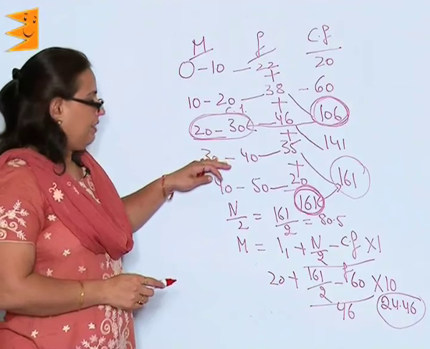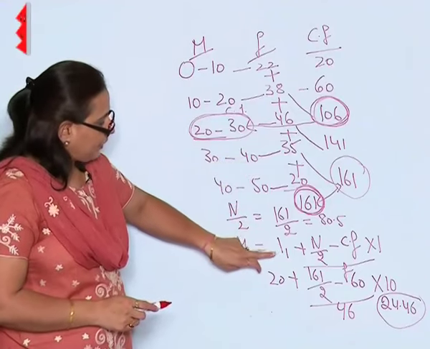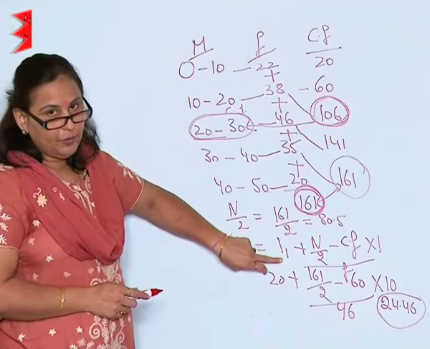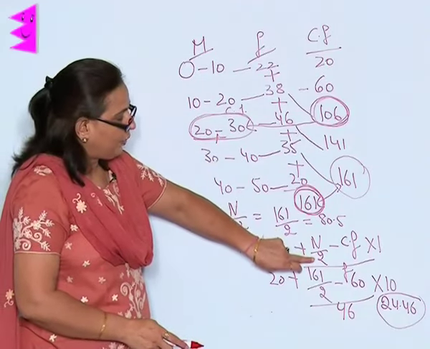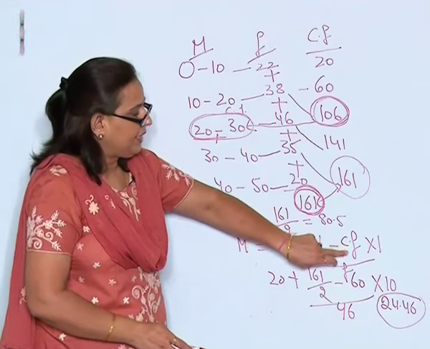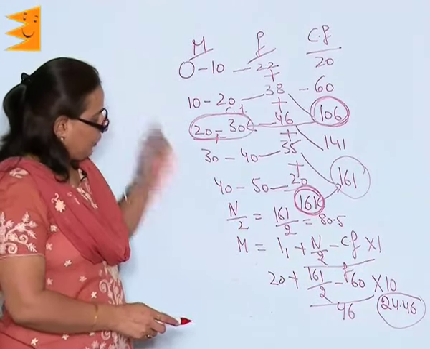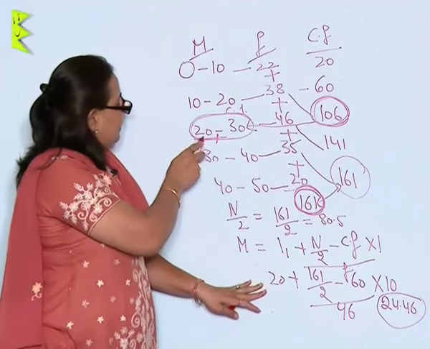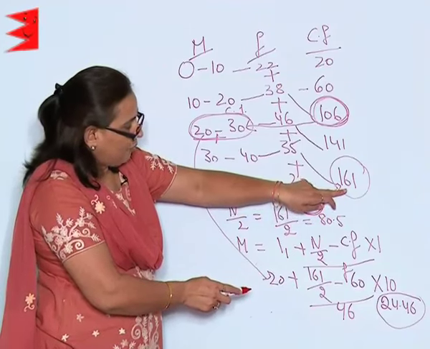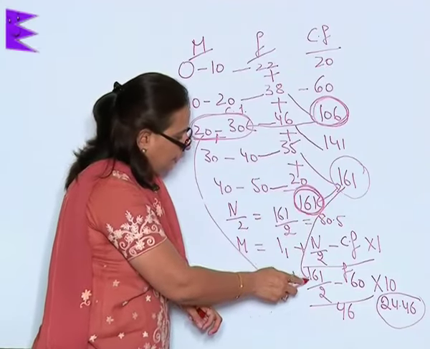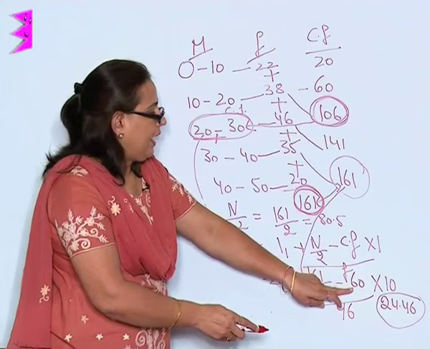Thus, we will try and find out the median, and the formula which shall be used is the lower limit of the class interval, which is the one we have derived, plus number of observations upon 2 minus cumulative frequency, into class interval upon f, the frequency. So, the lower class limit that I have is 20. The number of observations is 161 divided by 2, minus 60.